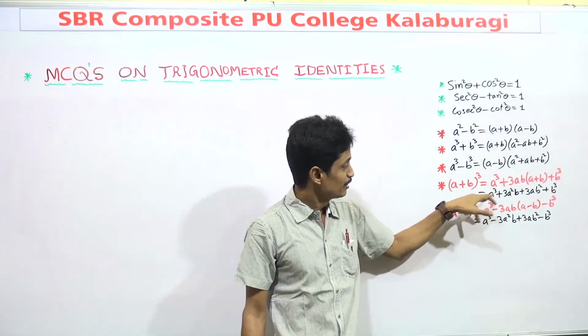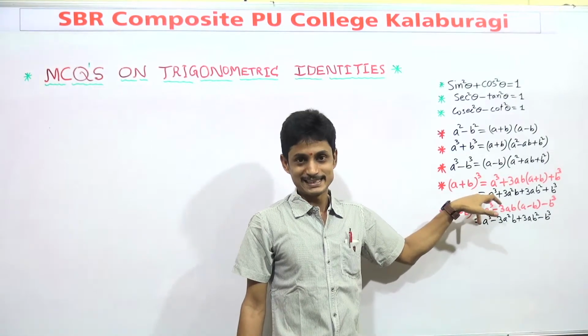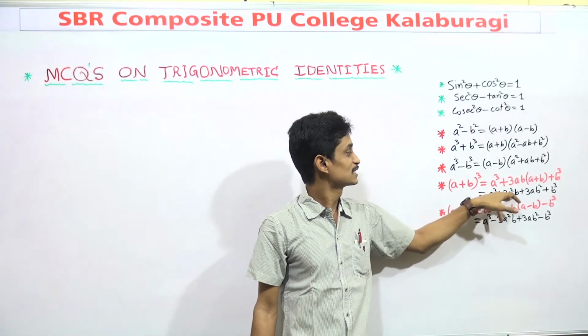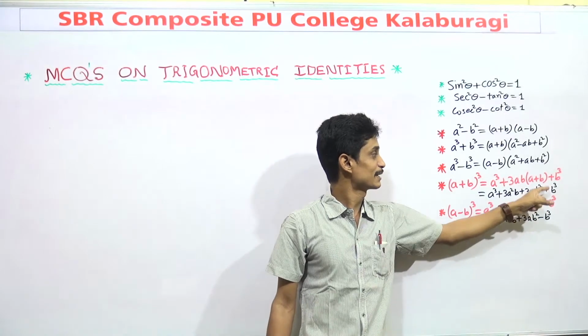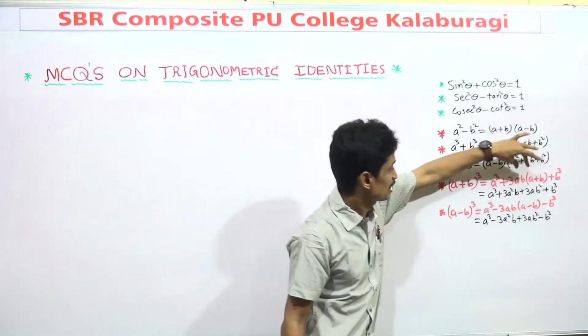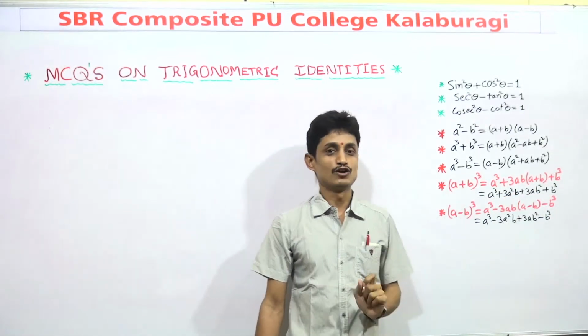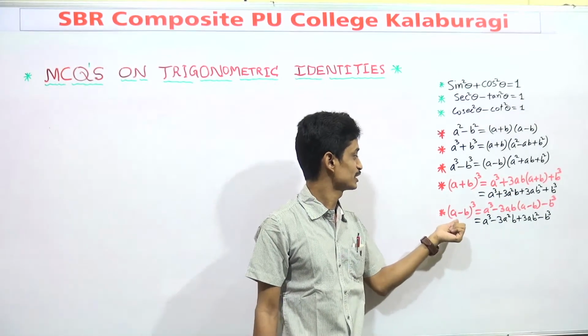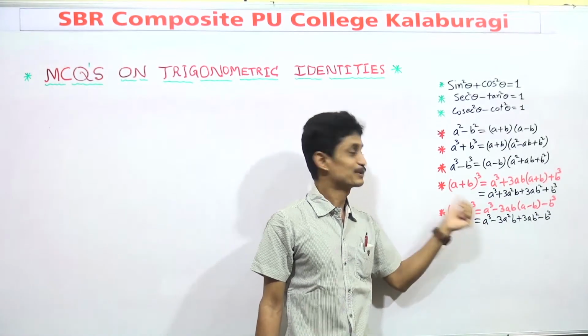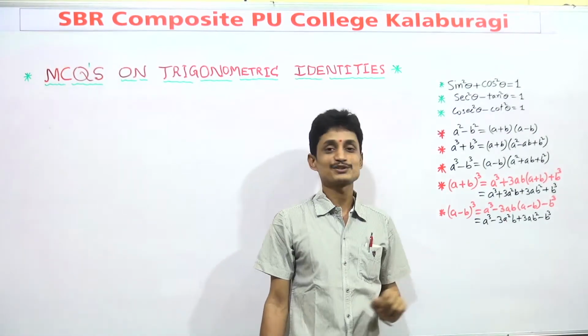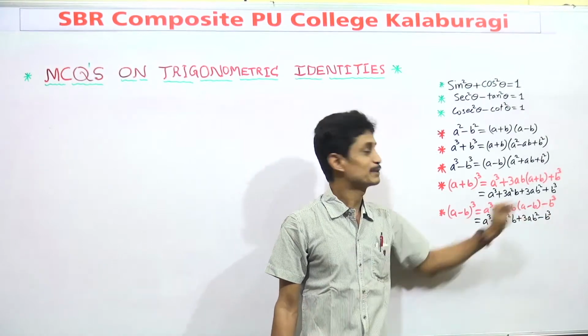Just note this one, I will take this form, that is a cube plus 3a square b plus 3ab square plus b cube. Just I remove the bracket. In today's class I need the second form. And next we'll move to the next one. A minus b whole cube is a cube minus 3ab into a minus b minus b cube.